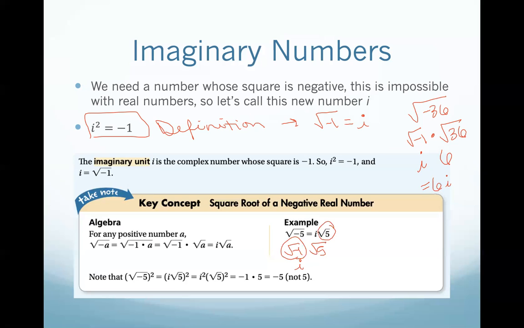We can also see that if we were to square the square root of -5, up to this point we said anything squared will always be positive, but that's because we were only working with real numbers.